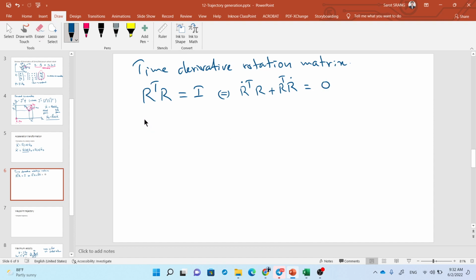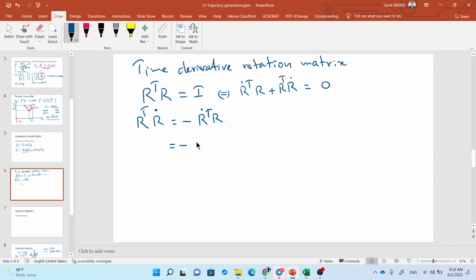So we can say that R transpose R dot equal to minus R dot transpose R. Can I rewrite like this?